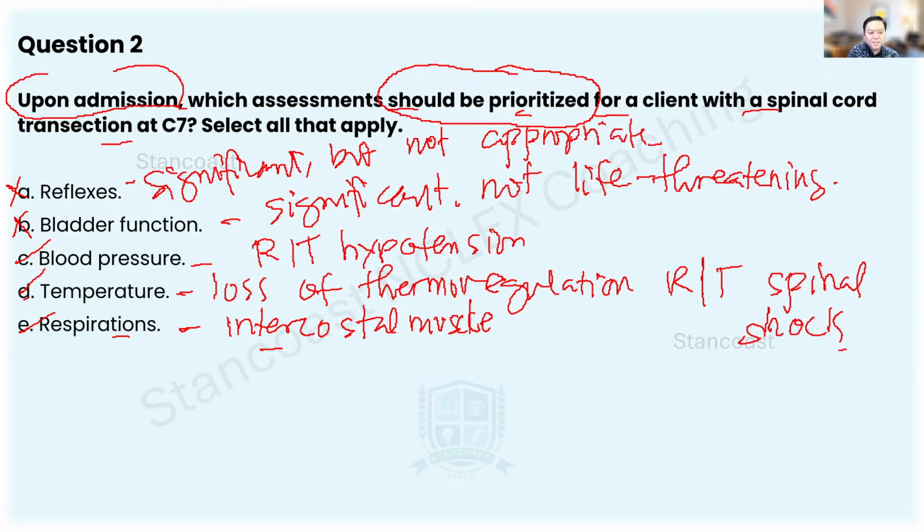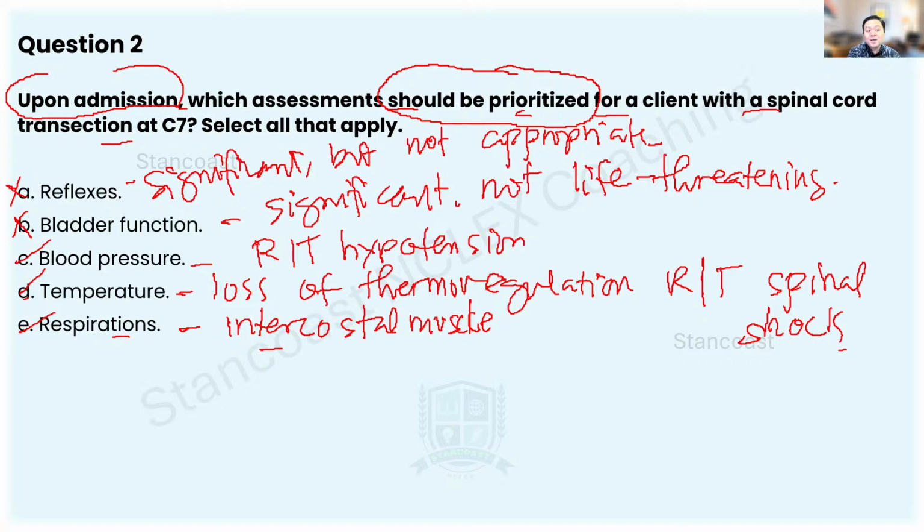Guys, especially when you are in the immediate phase, when you are receiving the patient, like fresh admission, your goal really is to address those life-threatening issues. And if you're going to delay in assessing those much more critical assessments, if you're going to take more time in assessing the less priority issues, you're actually delaying delivering those crucial nursing interventions.